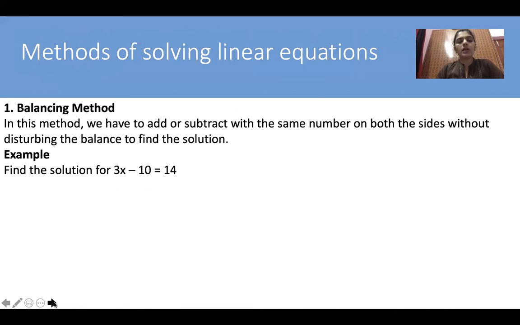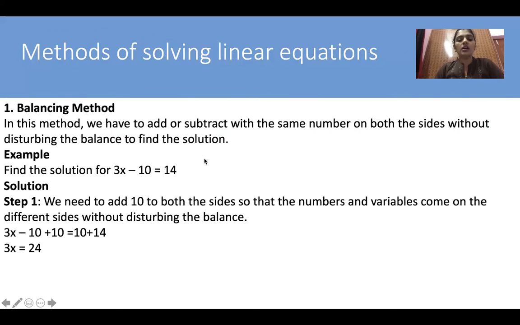For example, if we want to solve 3x minus 10 is equal to 14, here we want to find out x. We have to add or subtract the same number on both sides without disturbing the balance of the equation.